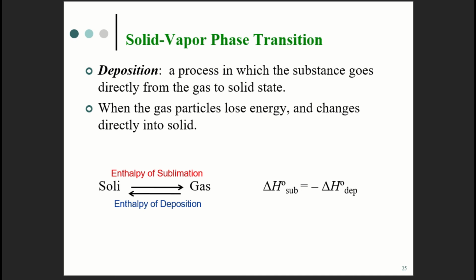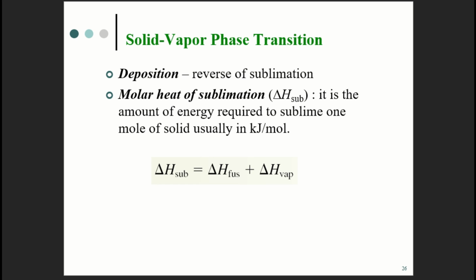So here, class, the enthalpy of sublimation is equal to the negative value of the enthalpy of deposition. So how do we compute the enthalpy of sublimation and the enthalpy of deposition? We have what we call the molar heat of sublimation. It is the amount of energy required to sublime 1 mole of solid, which is usually in kilojoules per mole. So this is its formula.